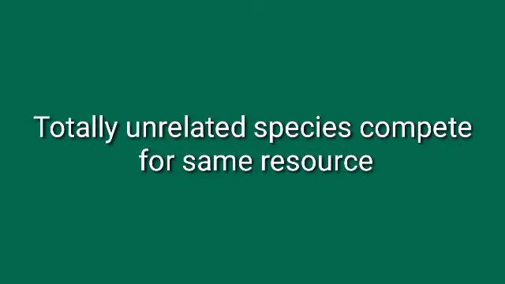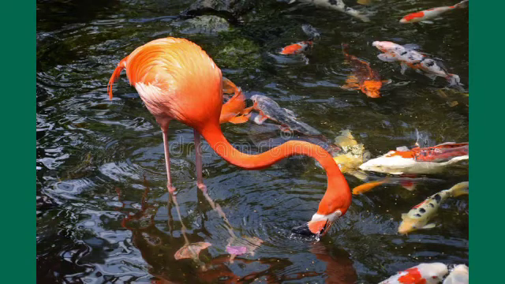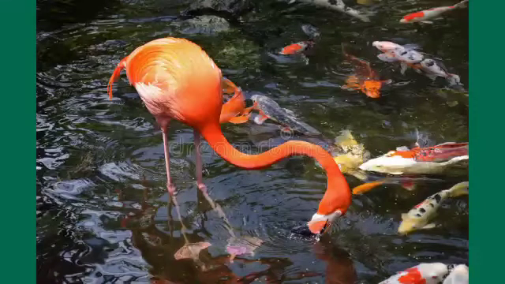Now, let us study a few cases where unrelated species also compete for the same resource. Firstly, totally unrelated species compete for the same resource. Example, in some shallow South American lakes, the visiting flamingos and the resident fishes. That means flamingos are just visiting organisms, that means they visit that place from some other place, and resident fishes are the fishes residing there.